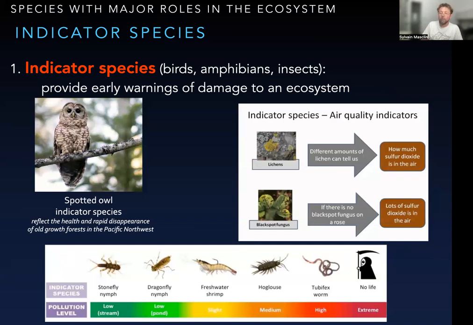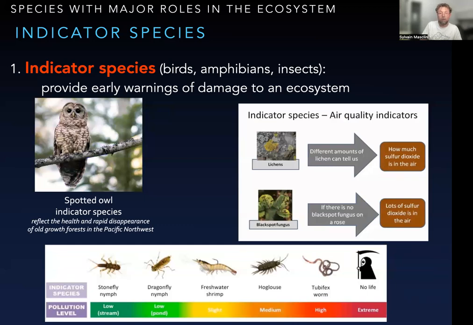We can also use lichens or fungus to follow the air quality. They are pretty good at letting us know how much air pollution there is. Usually the decline of the population tends to be related to the amount of those that we can find on rocks and trees. We also observe an evolution of different insect species depending on the water quality.